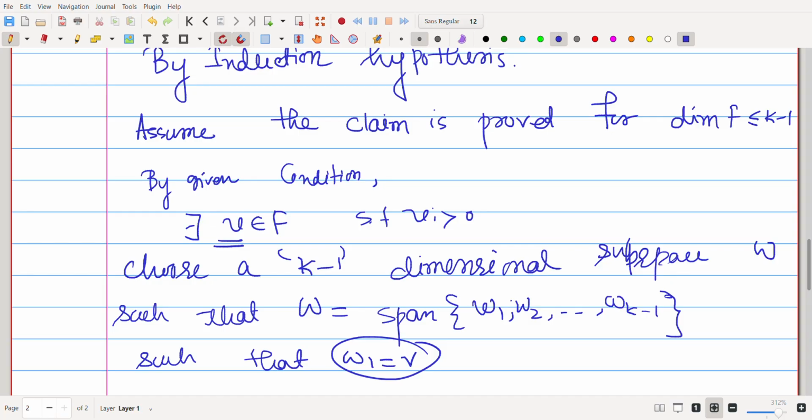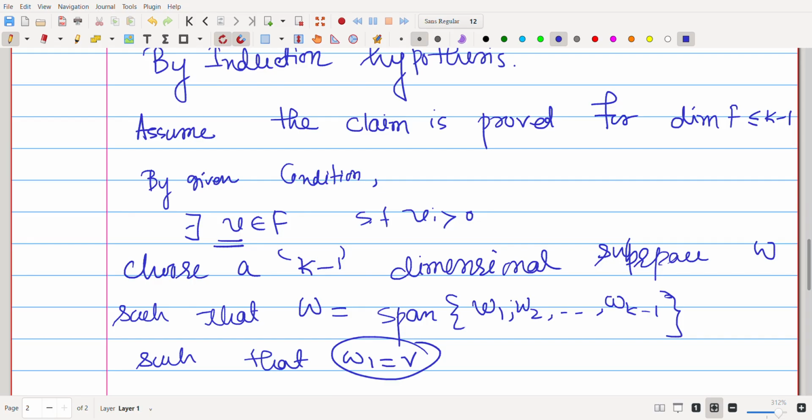I can choose that because I take v, extend it, and choose some k minus 1 linearly independent vectors, then take the subspace spanned by those vectors.